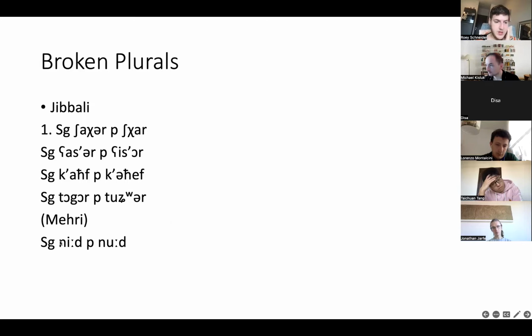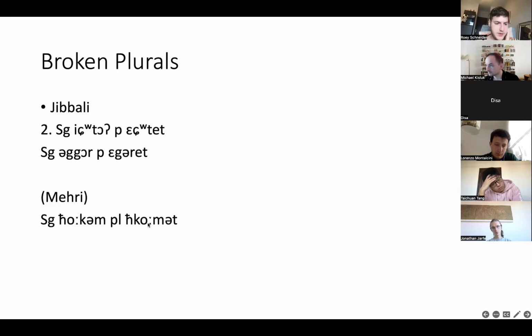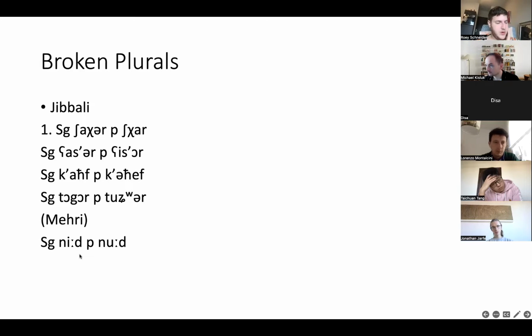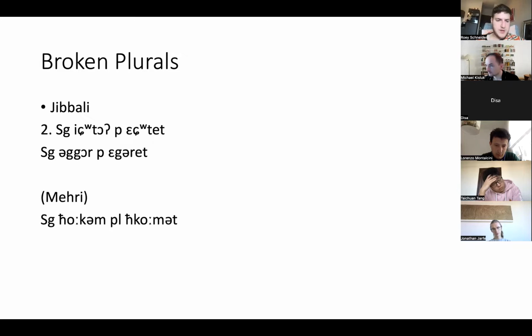And in Mehri, also nude, water bag, water skin. And from the second type, we have ishtet, sword; agor, ageret; hokum, hkomet in Mehri, ruler.